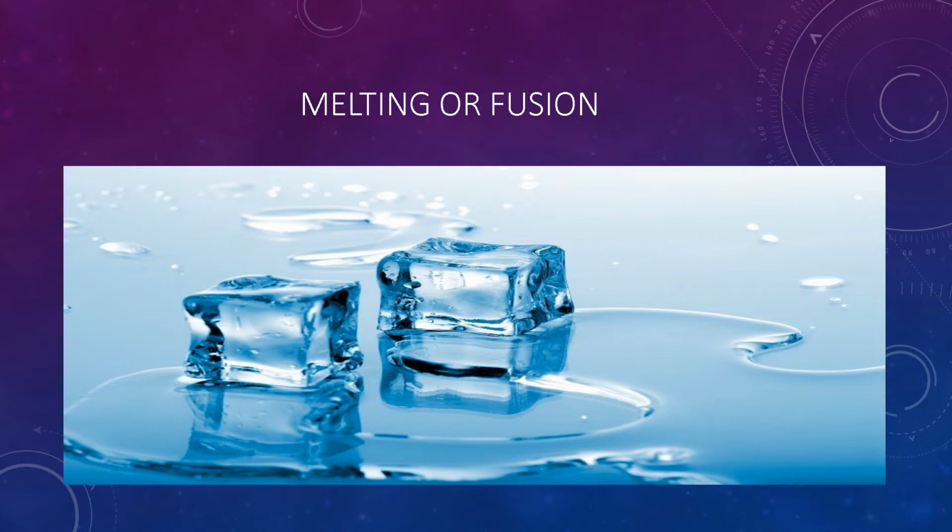And this process of conversion of solid into liquid takes place at a particular temperature, and that temperature is known as the melting point or the fusion point. Different substances have different melting points. For example, the melting point of ice is 0 degrees Celsius because the ice starts changing into water at 0 degrees Celsius.